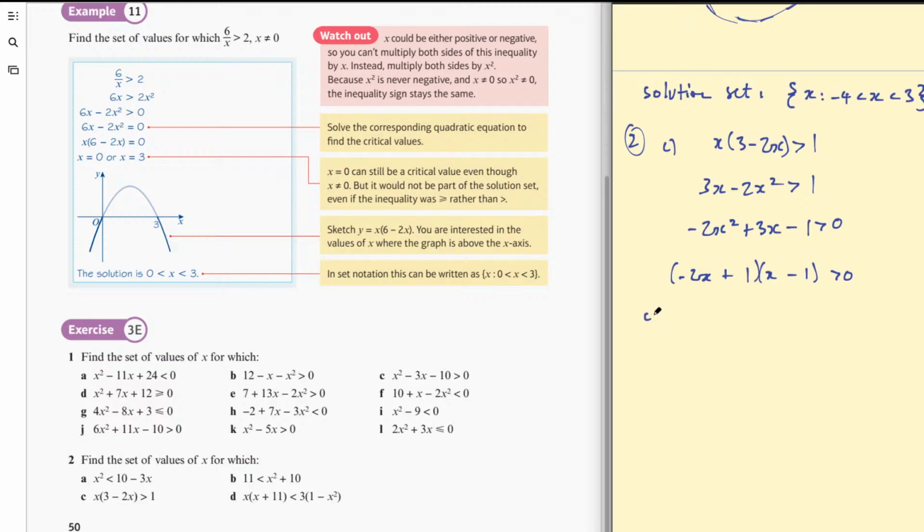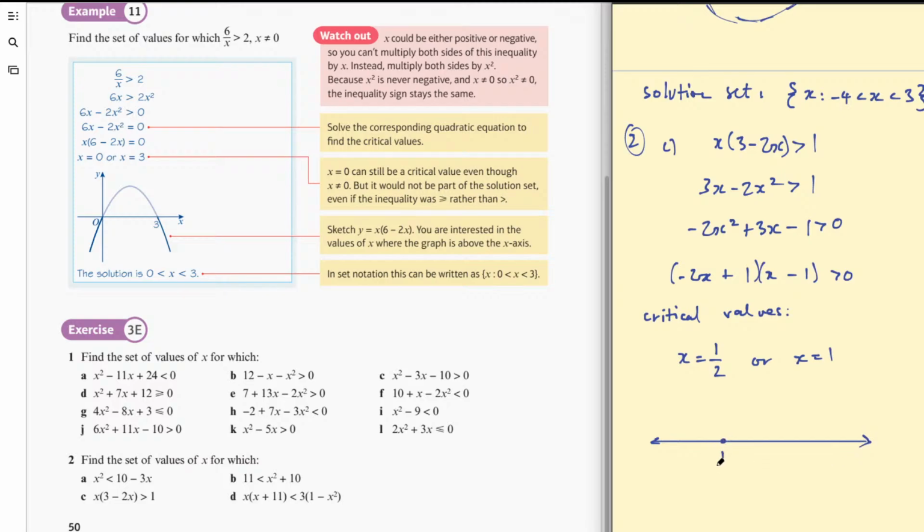Okay, and then the critical values are x equal to a half or x equal to 1. Draw a little sketch.